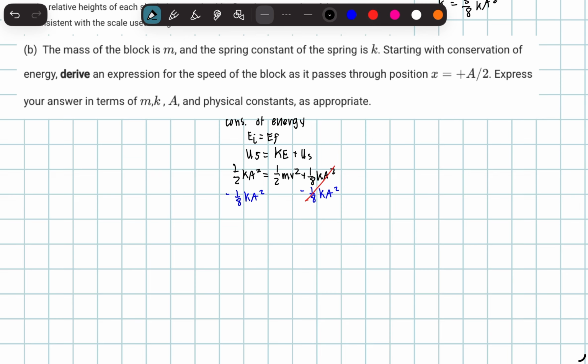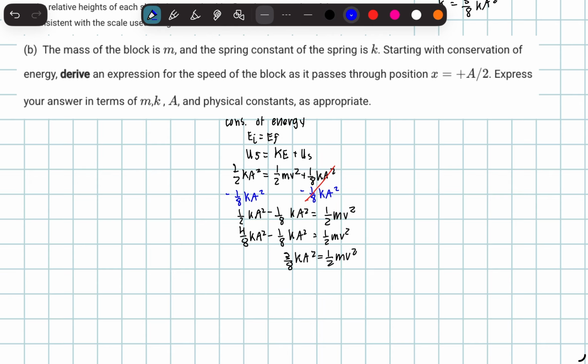Now, if you do this, you have 1/2 Ka squared minus 1/8 Ka squared is equal to 1/2 mv squared. 4/8 Ka squared minus 1/8 Ka squared is equal to 1/2 mv squared. So 3/8 Ka squared is equal to 1/2 mv squared.